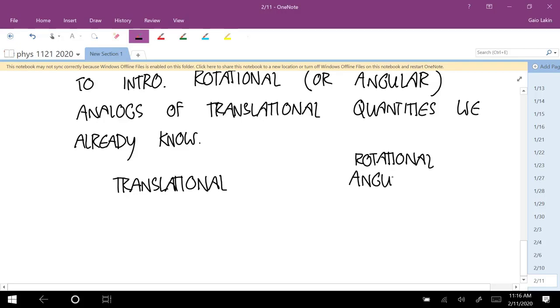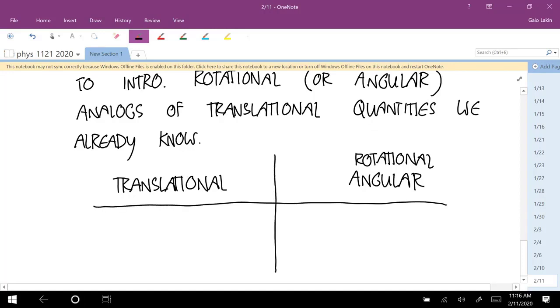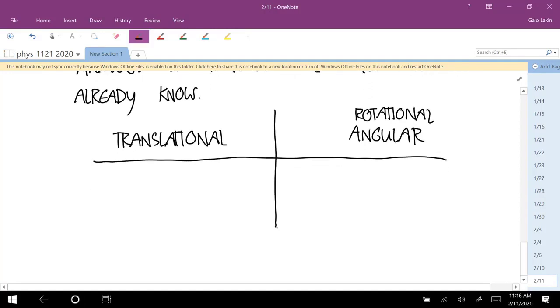Those are synonymous. So the first pair of analogous quantities are the position. And that has units of length.